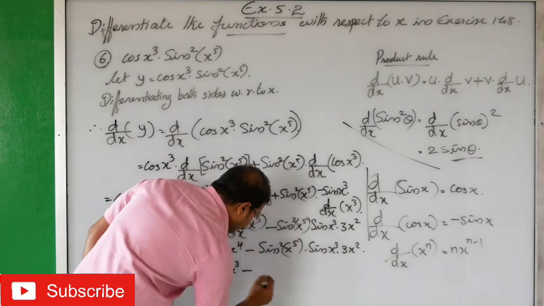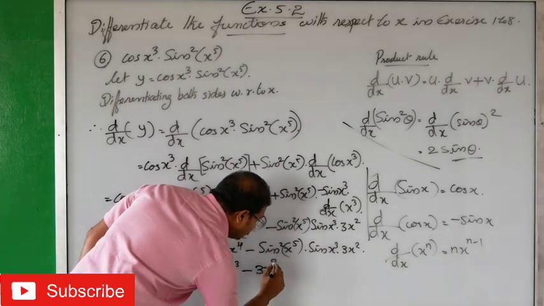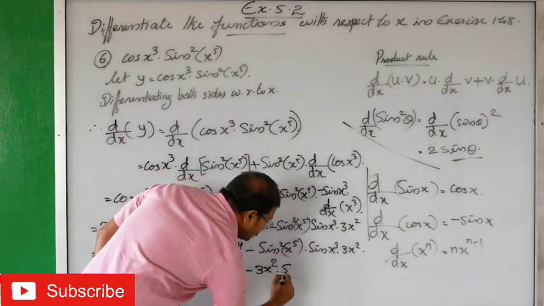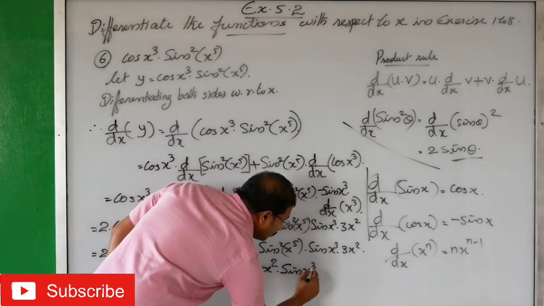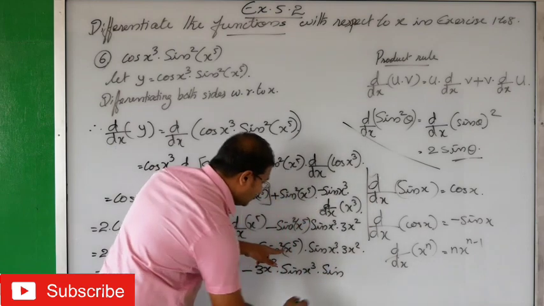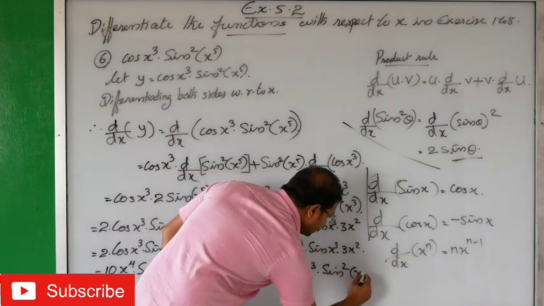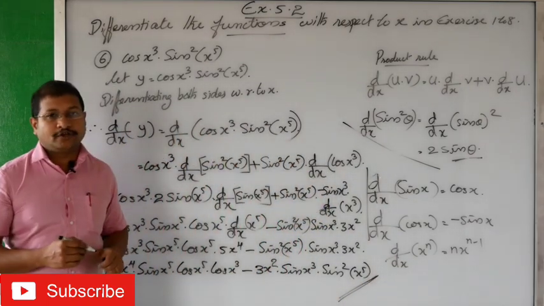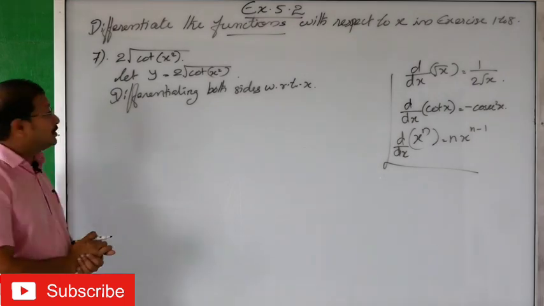We'll write 3x square first. 3x square into, after that this will write second, sine x cube into sine square x raised to 5. This is your answer. Let's see the next question.